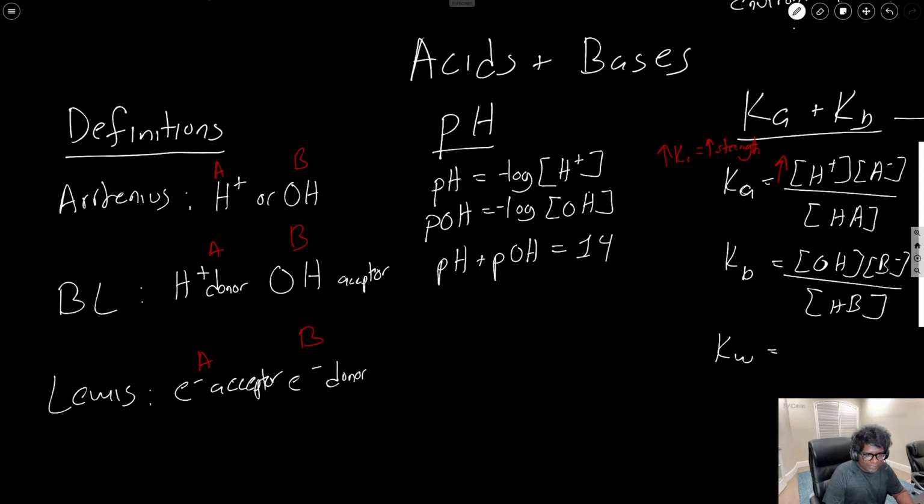And that's basically just the concentration of this, concentration of that. It's also basically just Ka times Kb. I've seen a lot of discrete questions about this, like asking what Kb would be given Kw and Ka. So you can just manipulate it. So Kb would be just Kw over Ka.